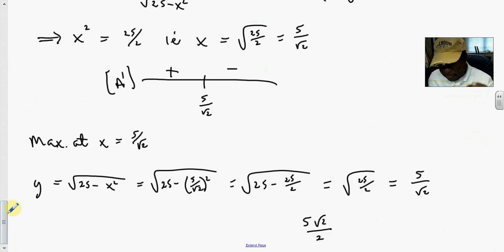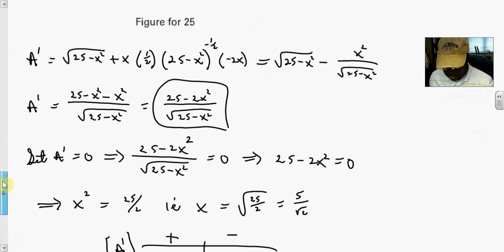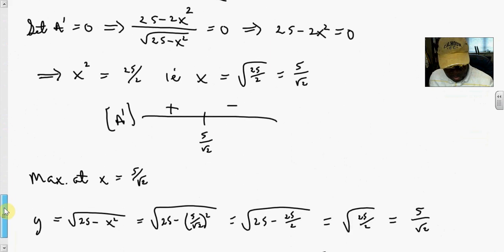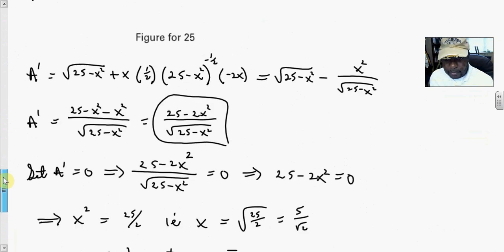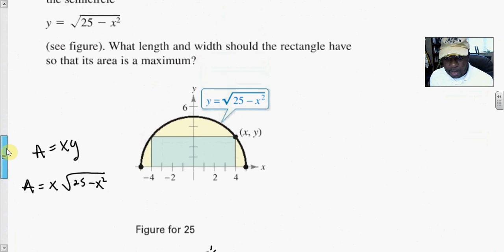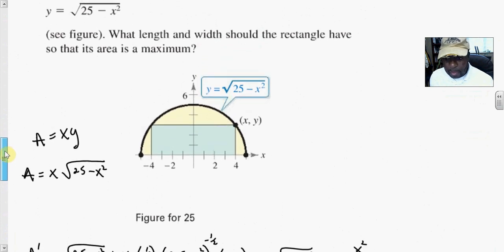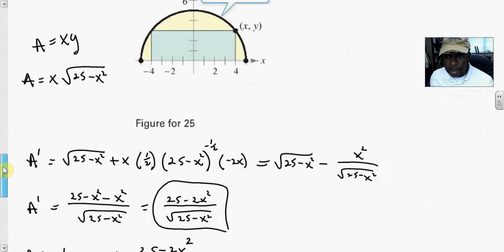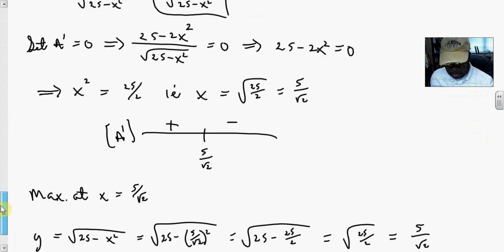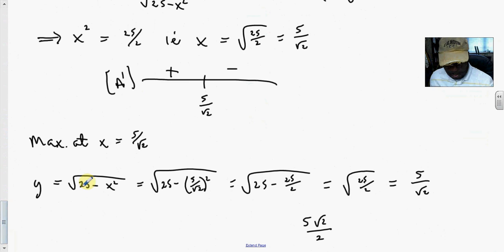Let me think about it. If here what I have is x equal to 5 over the square root of 2, we got that there. And then we took the value for y. If I got the same numbers, this rectangle wouldn't be a rectangle, it would be a square. And then we plugged in here x to be 5 over the square root of 2.